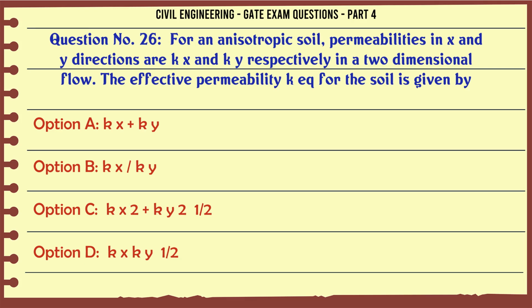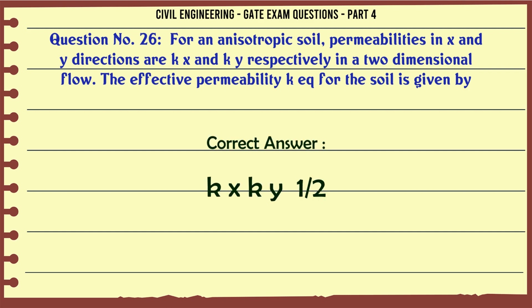The effective permeability for the soil is given by A, B, C, D. The correct answer is D.